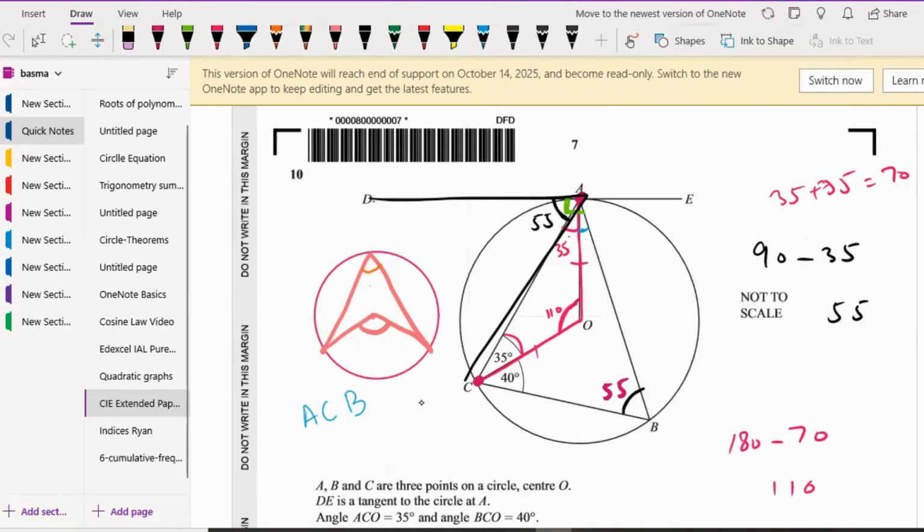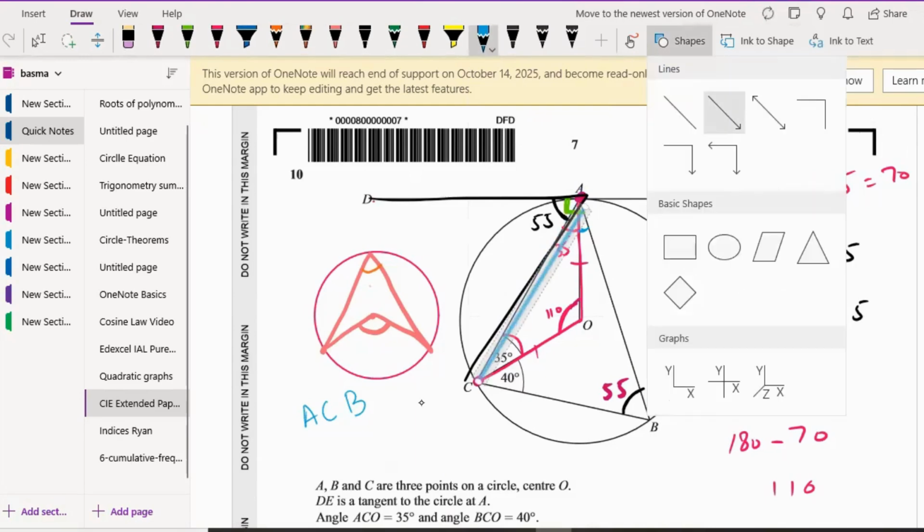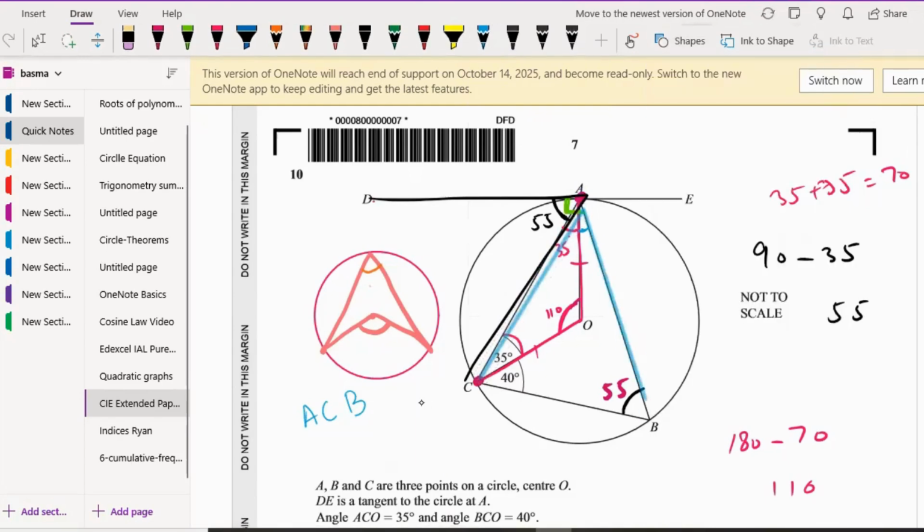A to C, ACB triangle. Focus on this blue triangle. We know the other two angles. So this total angle here, the red one, 40 plus 35 will be 75.